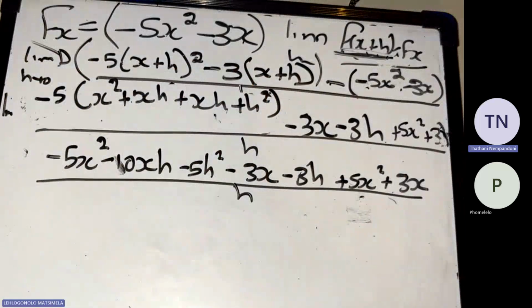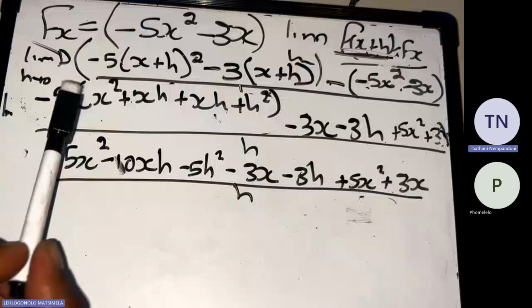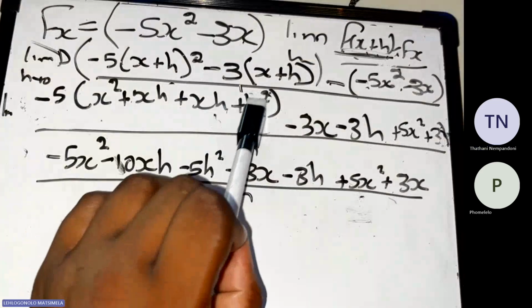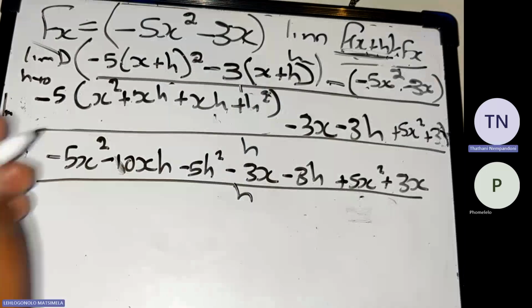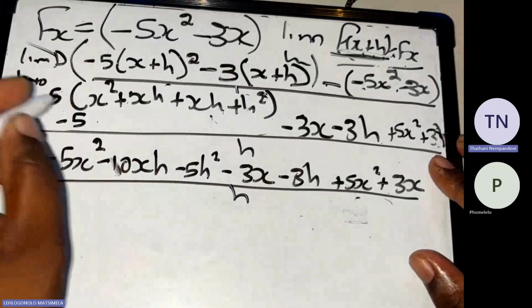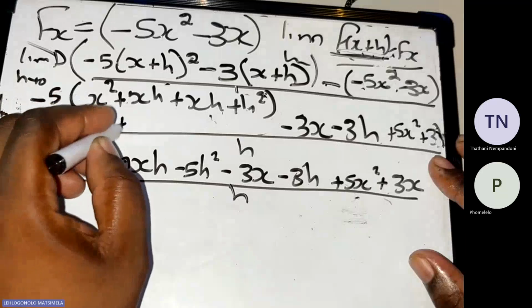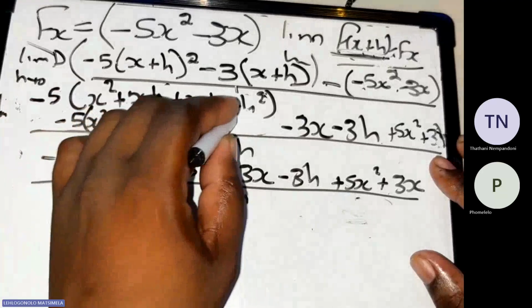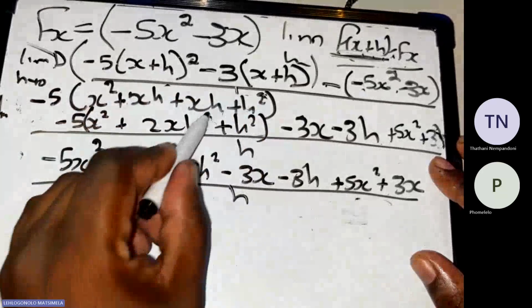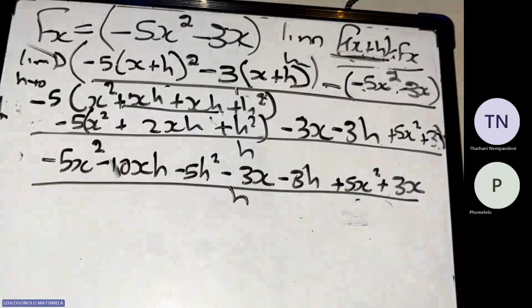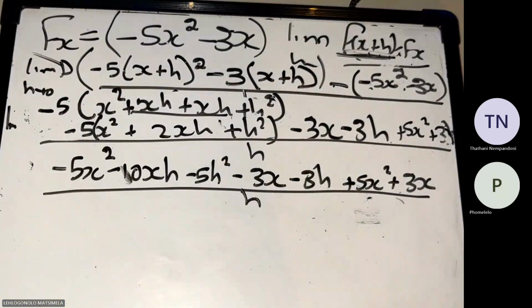So from there, that will be in brackets x squared plus xh plus xh plus h squared. And the minus 5 into brackets x squared plus 2xh plus h squared comes from these two being alike, so we just add them.